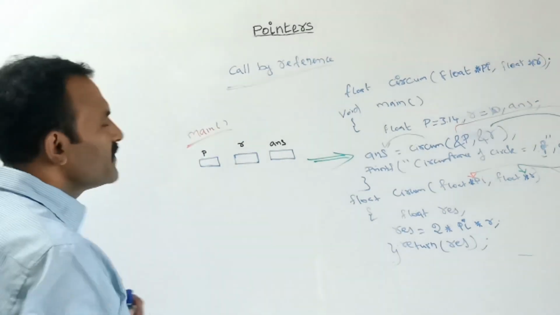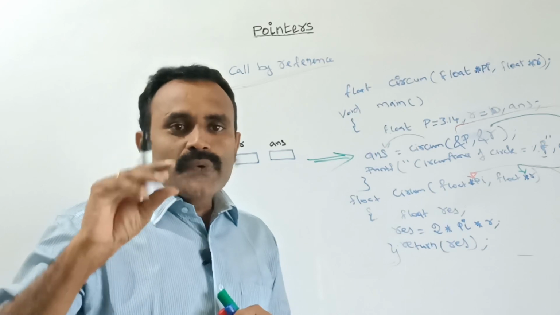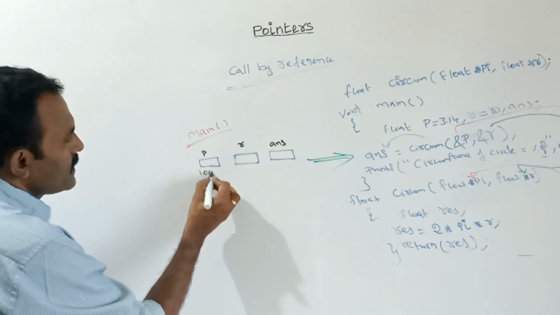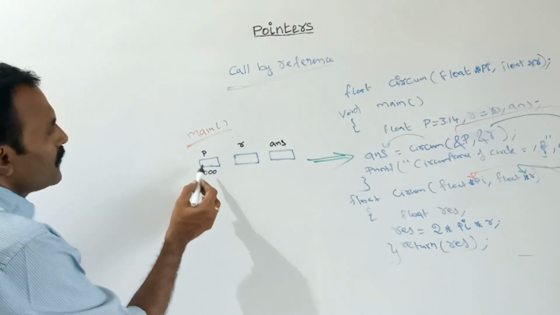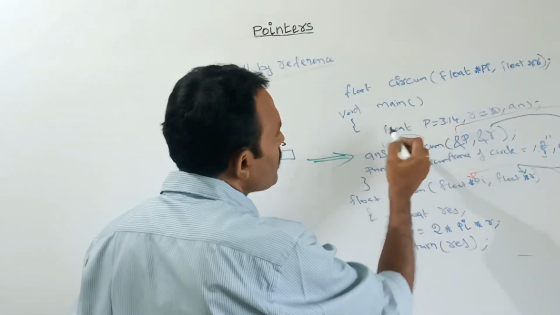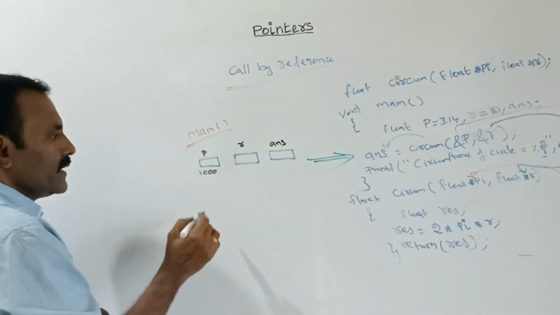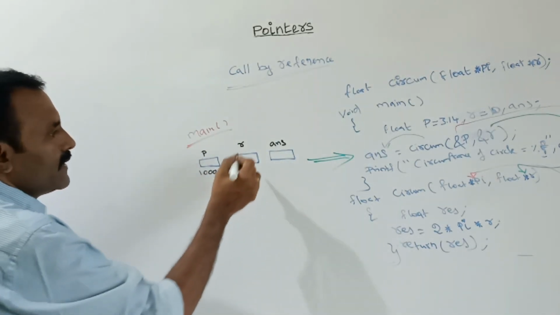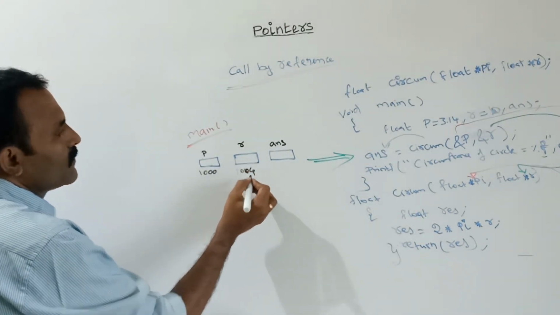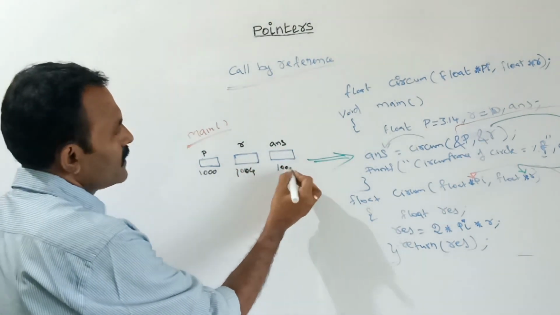See, each and every memory block, each and every variable, has a unique address. So for p, for example, let us take this address as 1000. How many bytes does it allocate for p? This depends upon the data type. Here it is a float data type, so 4 bytes were allocated for p. The starting address of p is 1000. Next for r, let us assume 1004. Next for ans, 1008.